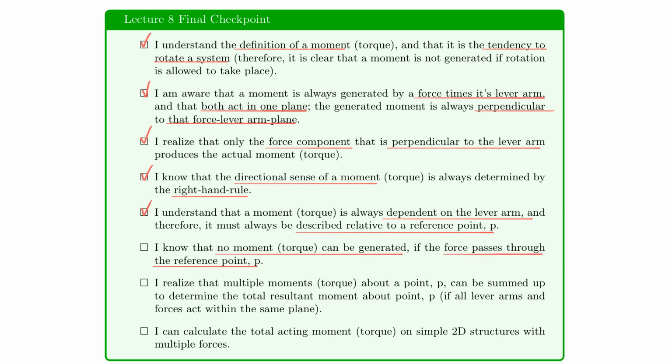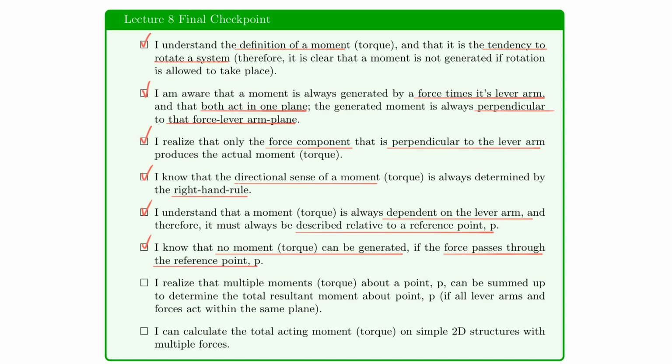Because in that sense, you actually have a distance of 0 to the reference point, and therefore the reference point is not really existent, or however you want to look at it. But if your force passes through the reference point, then you do not have a moment or a tendency to rotate, and therefore no moment.